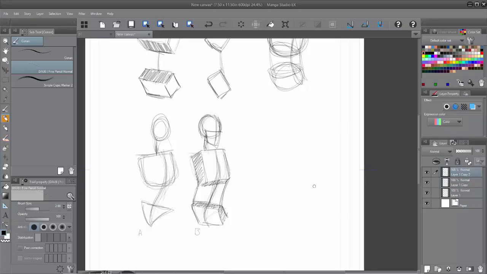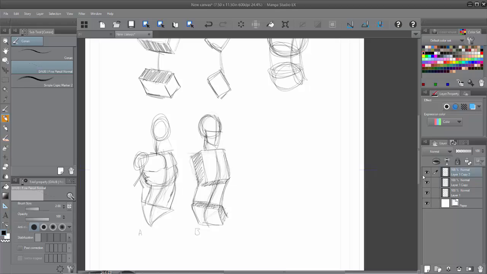Okay, and once you get used to it, you've done it lots, you'll be able to just add the anatomy in without needing the help or the aid of that 3D shape.